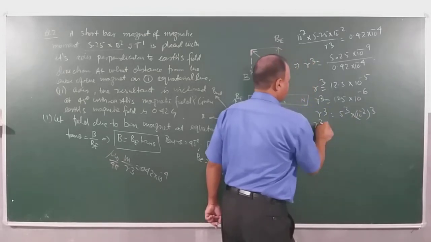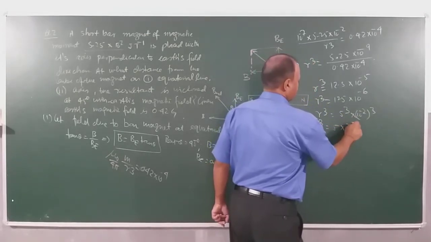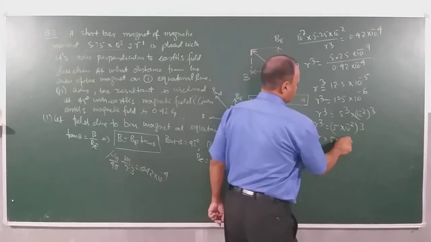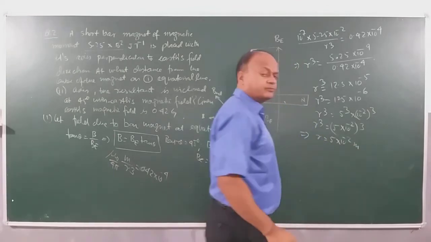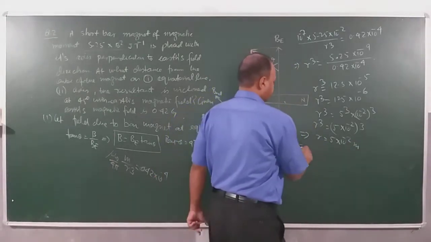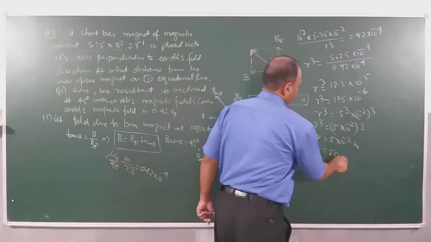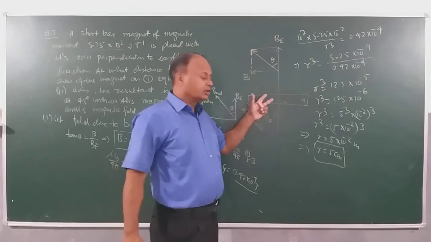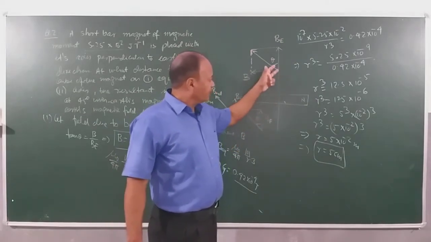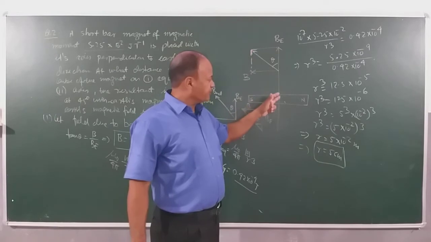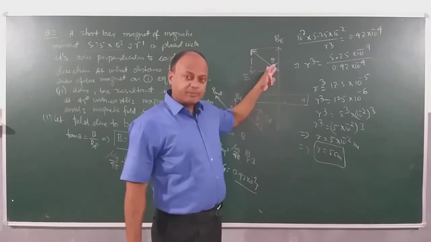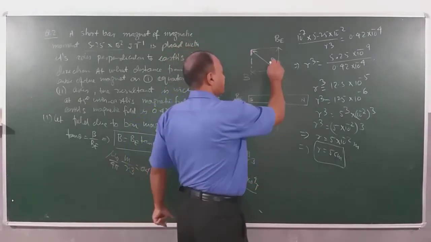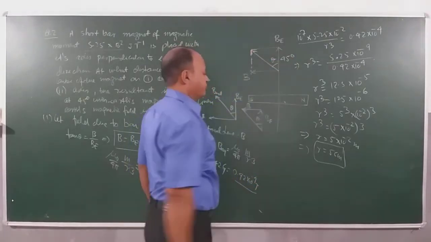So you can write R cube is equal to 5 into 10 to the minus 2 whole cube. So how much is R therefore? 5 into 10 to the minus 2 meter. If you want to convert into centimeter, R is equal to how much, children? 5 centimeter. So that means when I locate a point at a distance of 5 centimeter from the center of the bar magnet along the perpendicular bisector, then this angle theta will be how much here? 45 degree.